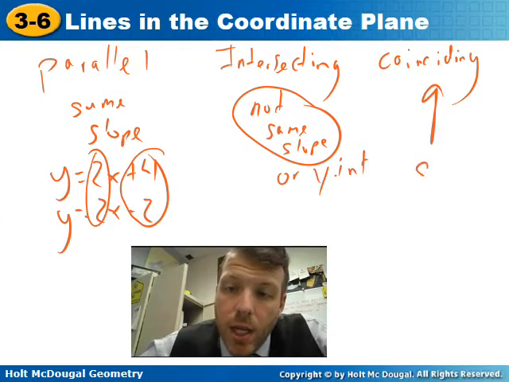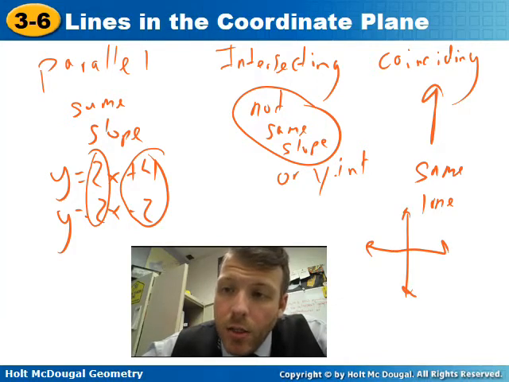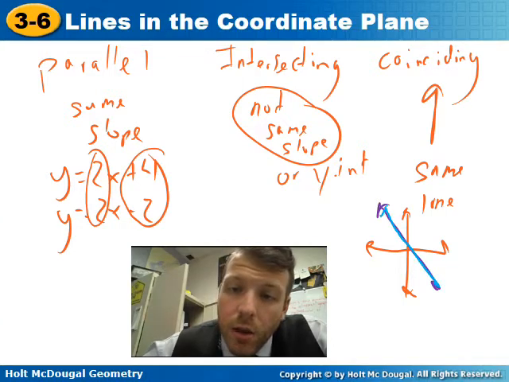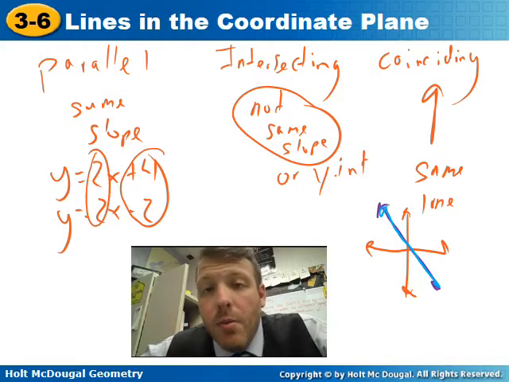Coinciding means same line. What it means is that I have two lines that are laying on top of each other. If I drew a line like that and then took another line and laid it right on top of it, that means they have to have the same y-intercept and the same slope.